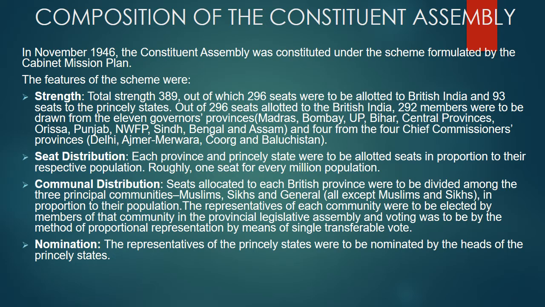Now, how was the seat distribution? Each province and princely state was to be allotted seats in proportion to its population, roughly 1 seat for every million population.